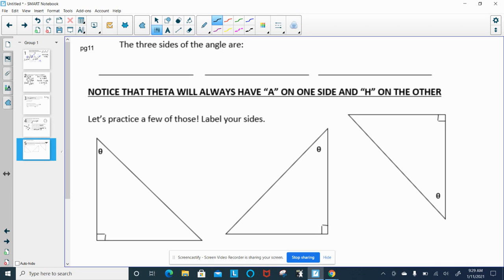If you turn to page 11, we're going to recap. We have hypotenuse, we have opposite, and we have adjacent.